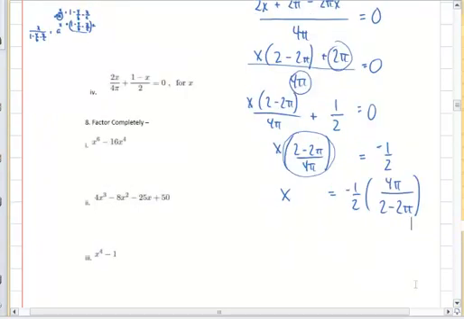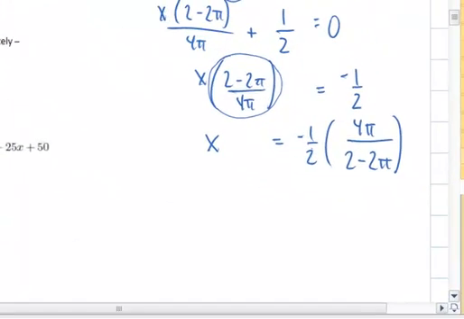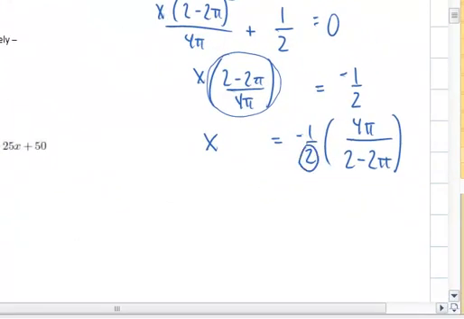I actually think I can do a little bit more to simplify this. For example, the 2 here can cancel with that. So that will be -1. And I'll have 2 pi over 2 minus 2 pi. And then I can factor a 2 out of the top and bottom.